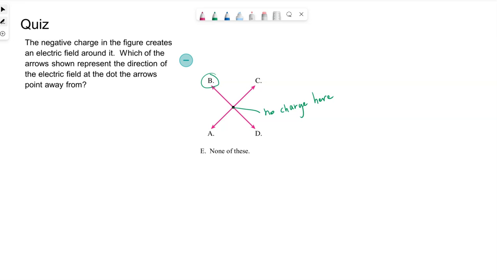Since the definition of the electric field is based off of a test charge being positive, we know if we put a positive charge here that it would be attracted to this negative charge in the figure. And that gives us B as the answer. So one general rule with electric fields is electric field lines will always point away from positive charges and will always point towards negative charges. So B is our correct answer.